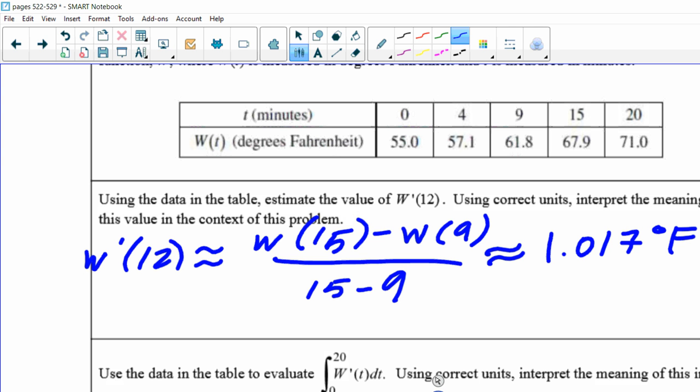We approximated W prime of 12. What's W prime of 12 mean? At 12 minutes, the temperature is increasing, or you could say changing, at a rate of 1.017 degrees Fahrenheit per minute. So at 12 minutes, the temperature of the water is increasing or changing at a rate of 1.017 degrees Fahrenheit per minute.